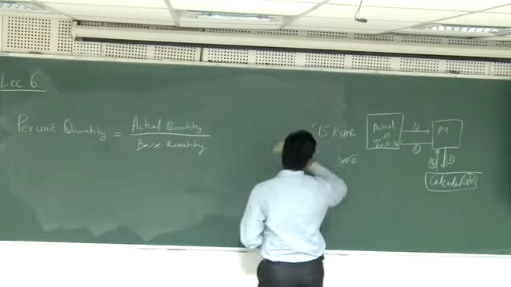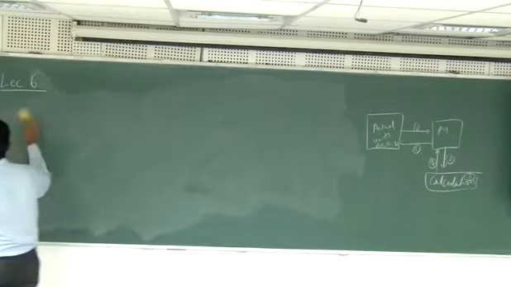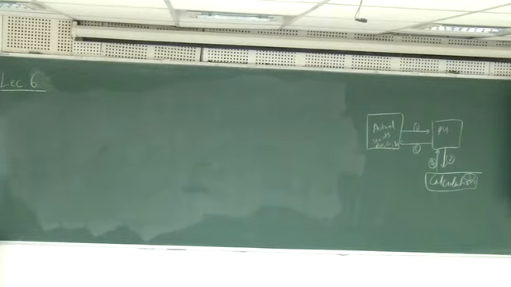As I told last time, there are only 4 quantities that usually we convert to per unit system. That is S, and then the voltage, current and impedance. So the base quantities we choose are only for these 4.